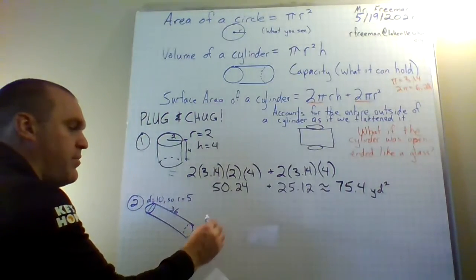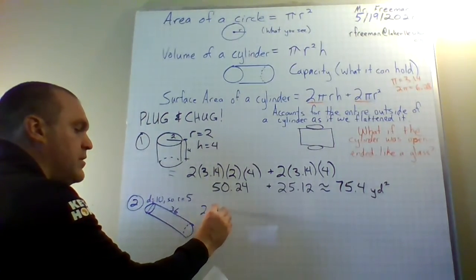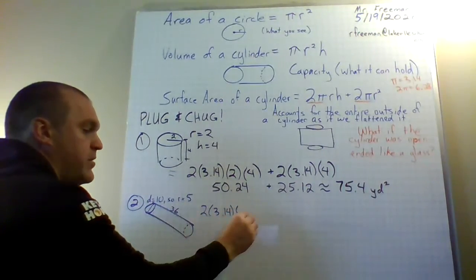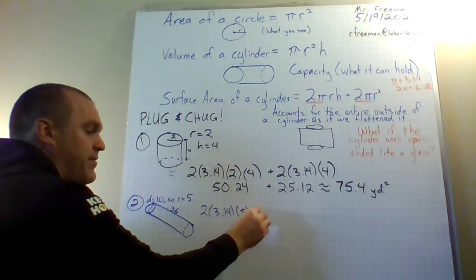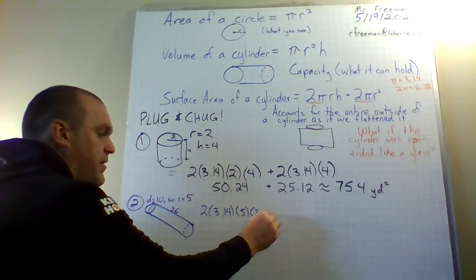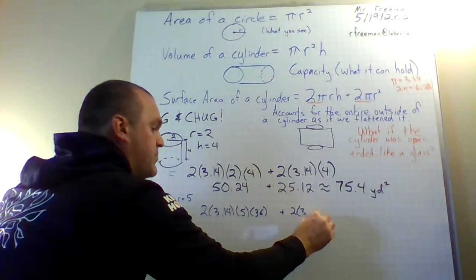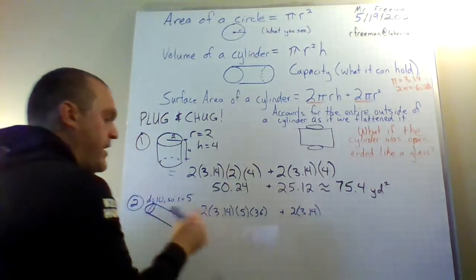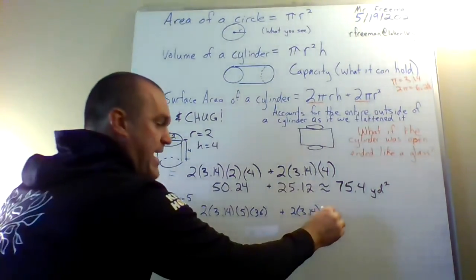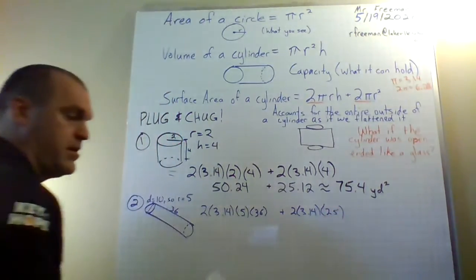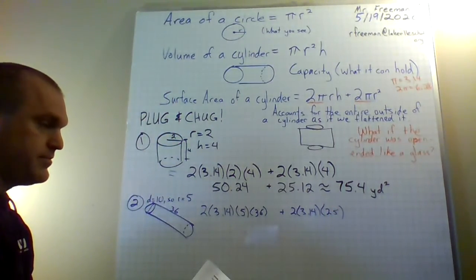Okay, so then we start plugging these in. 2 times pi times the radius, which we now know, remember, is 5, times the height, which is 36. And we're going to add that to 2 times pi. Our radius again was 5. 5 times 5 is how you square the r, and you'll get 25 there.